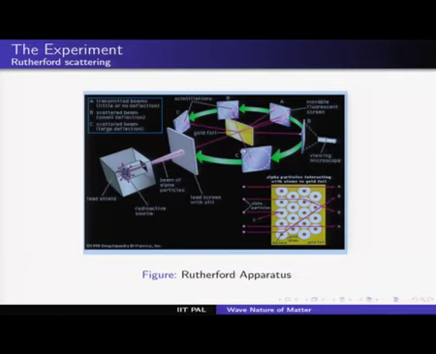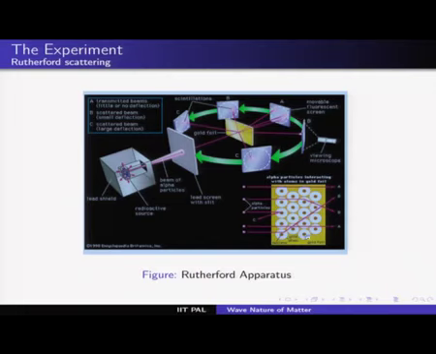In other words, Rutherford endeavored to cover all of 180 degrees, from this direction to this direction. We say 180 degrees and not 360 degrees, because by symmetry, the probability for an alpha particle getting scattered in this direction is the same as the probability of getting scattered in this direction for the same angle theta. That is what we have, and these are the movable fluorescent screens.